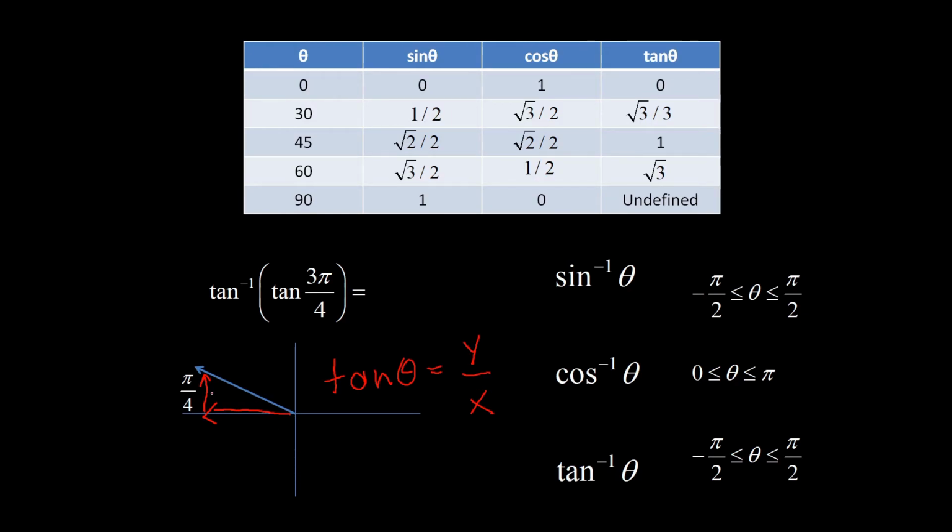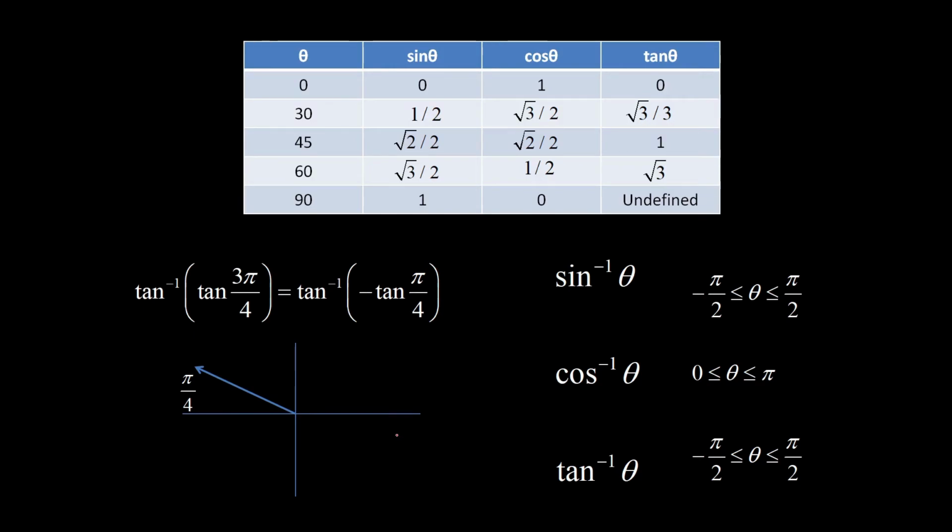And so what this means is that tangent of 3 pi over 4 gives the same magnitude as the reference angle. The only thing we have to worry about here is the sign change. And we can see there's going to be a sign change here because the x component is negative. So tangent of 3 pi over 4 is negative of tangent pi over 4. And so we can replace that using reference angles.